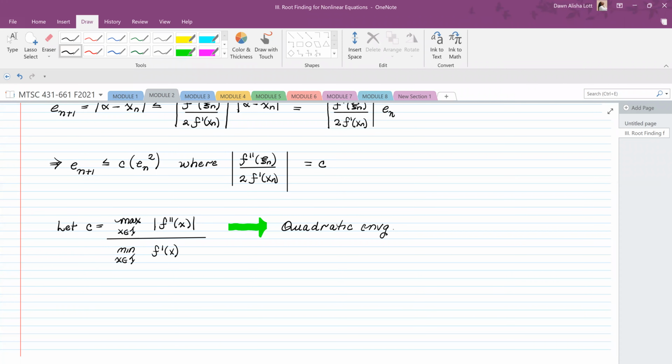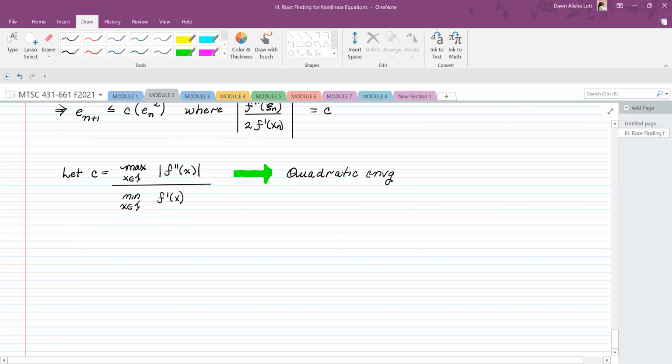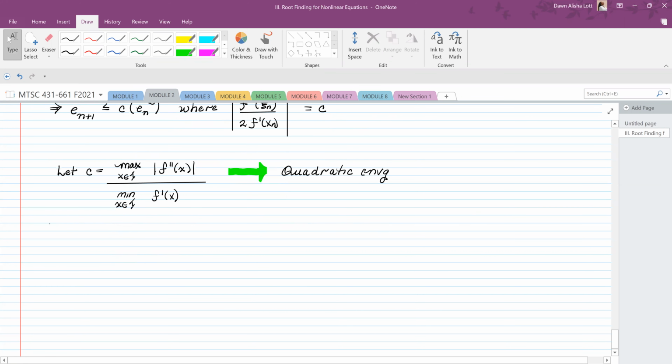So what are the advantages of this method? Well, the main advantage is that it's quadratic convergence. It converges faster. So you will see when it's going to converge, it converges very quickly. But the disadvantage is that it may not converge.